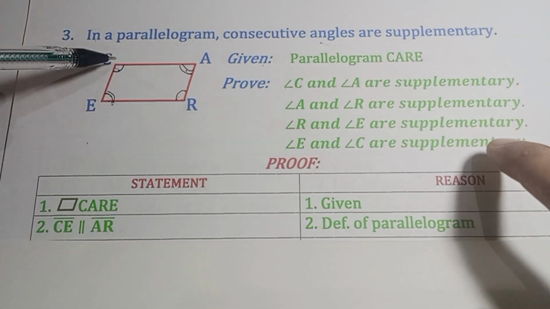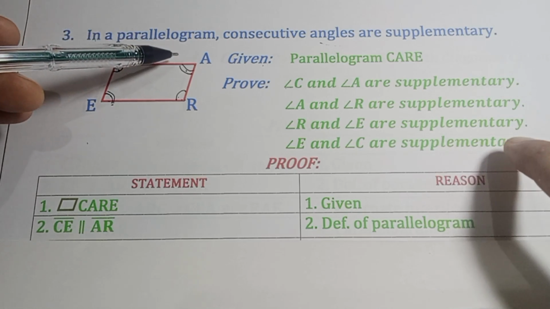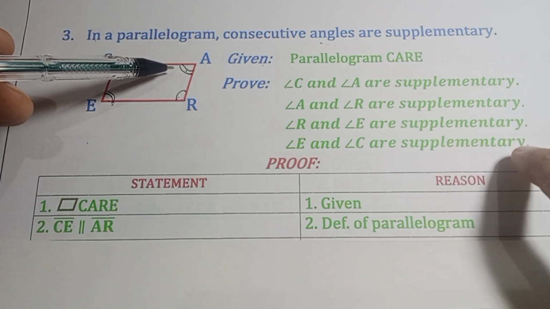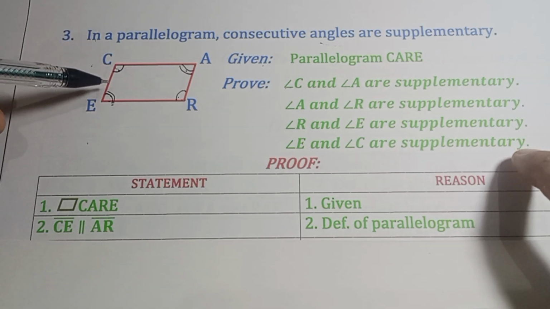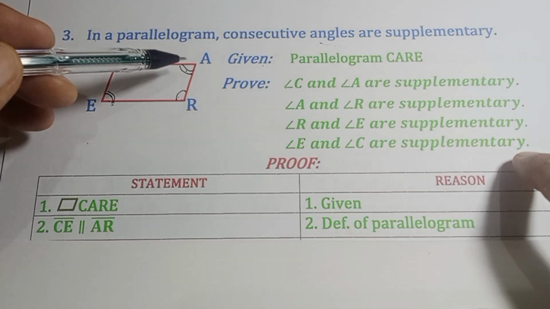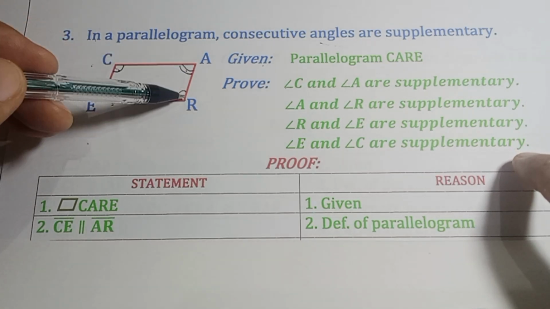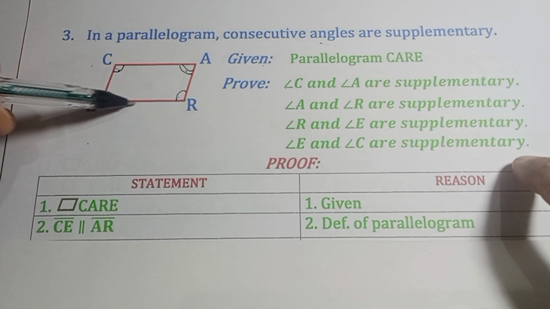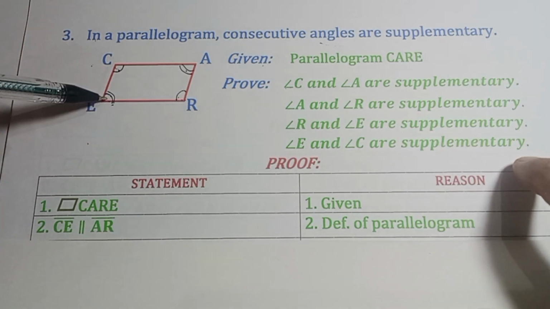Now, angle C and angle E are supplementary is to be proven. Now, I am going to use these as parallel sides. In other words, this will serve as the transversal.